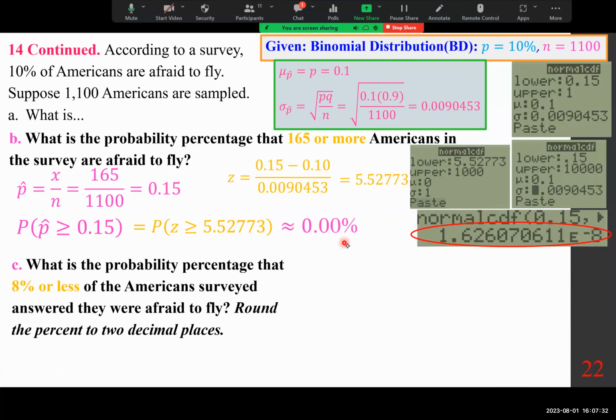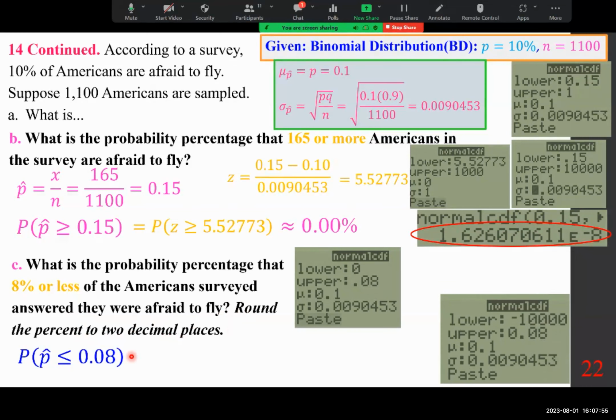What is the probability percentage that 8% or less of the Americans surveyed answered they were afraid to fly, rounded to 2 decimal places? So we want to pay attention to that. We are interested in this probability of p hat less than or equal to 0.08, and we can stick with that and use the technology because we have shown work before.